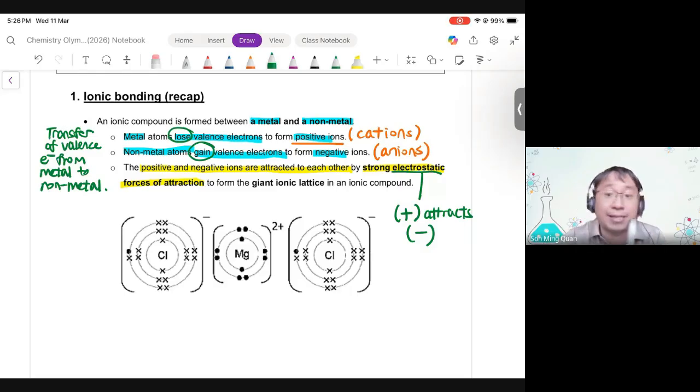Now, if you have revised deeply enough, the next question that is obvious to ask is, so does it matter whether it's 2+ charge or whether it's 1+ charge? How does the charge affect the strength of the force of attraction? Do you think Mg2+ will attract Cl- the same way as Na+ attracting Cl-?